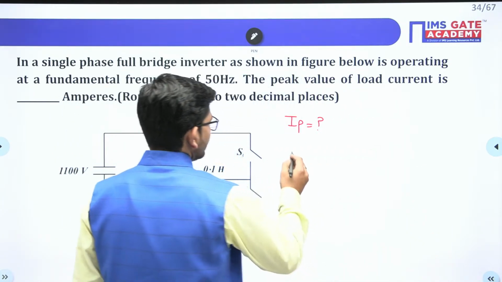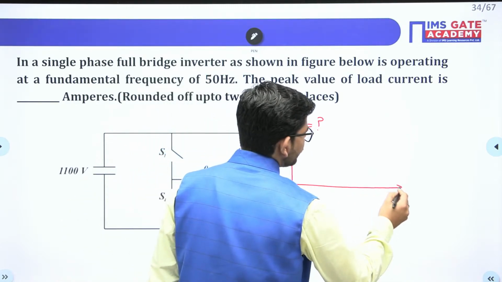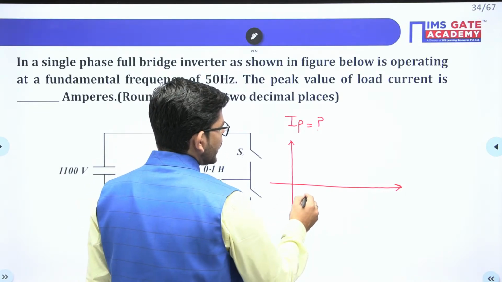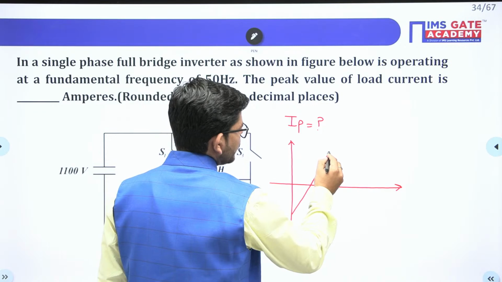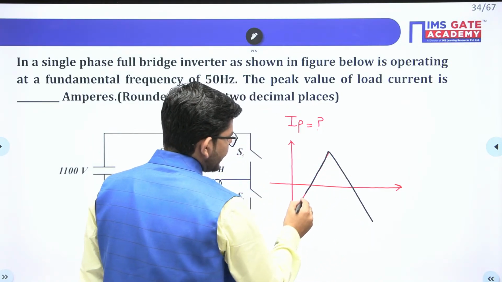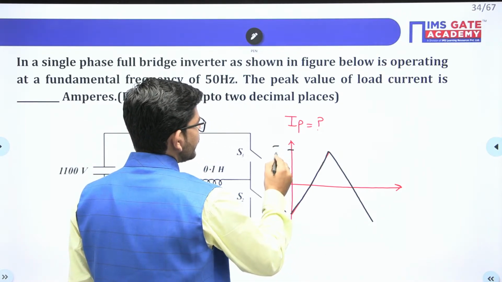So guys, if you remember, for a pure inductive load I have drawn the current waveform in the previous problem, and the current waveform has this particular shape, varying in a triangular manner between minus IP and plus IP.